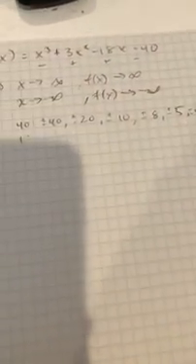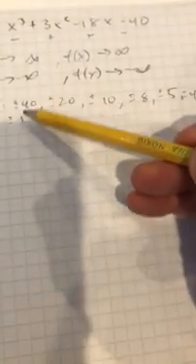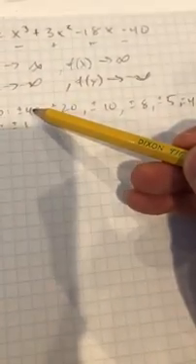I think that's it. All right, and I've got my plus or minus because it could be positive or negative, and then just 1. So all of my possible zeros could be any combination of these factors of 40 over 1.